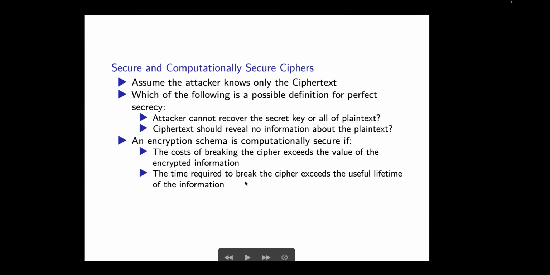All right, so what can we assume? We have different situations when the attacker is trying to uncover the real message, and we can make certain assumptions. If we assume that the attacker only knows the ciphertext, we have certain properties.